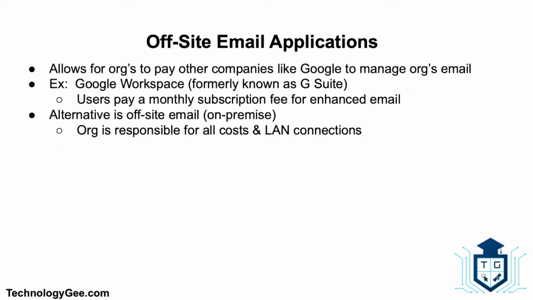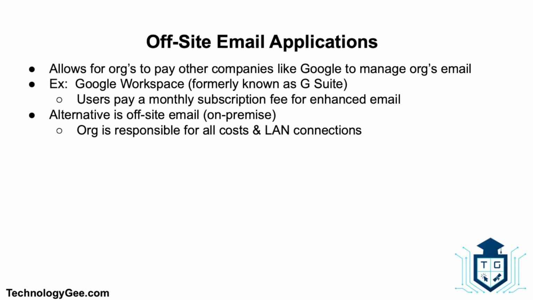Then we have off-site email applications, and these allow organizations to pay other companies like Google to manage all the company's email in addition to managing the enormous amounts of data generated by all this email. Google Workspace, formerly known as G Suite, is an example of an off-site email application where organizations can pay Google a monthly subscription fee to essentially get an enhanced version of Google Drive and Gmail.